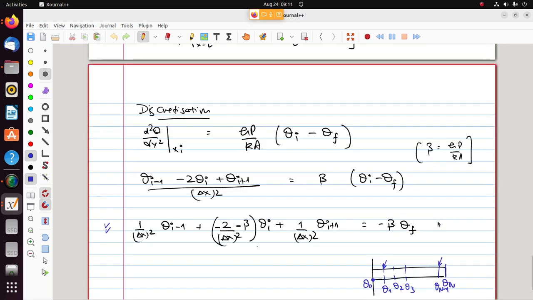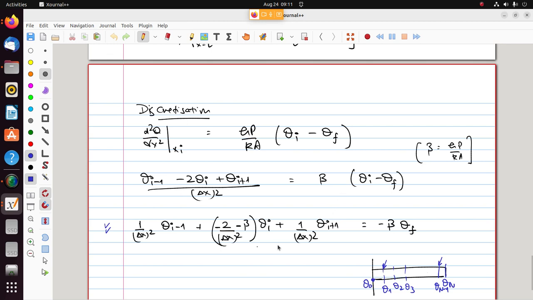It will have some value depending on the position where it is. The second derivative at any xi is discretized using the center difference method that we have already discussed. On the right hand side, we simply have theta i. Everything else is defined. So theta f is the temperature of the fluid, beta is some combination of parameters, and so on.